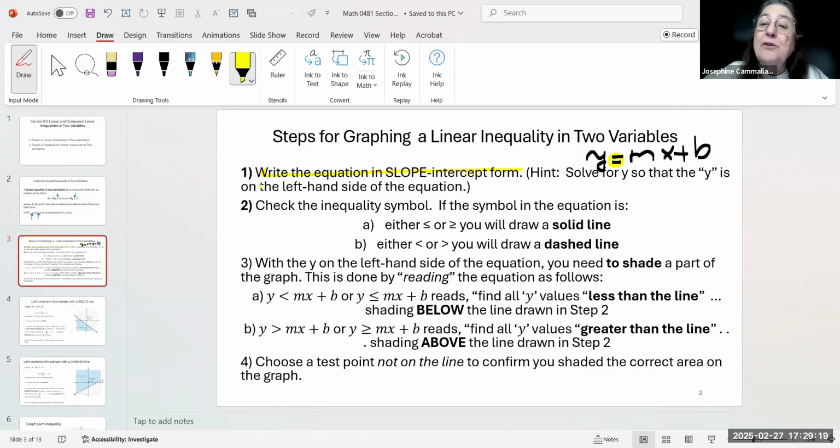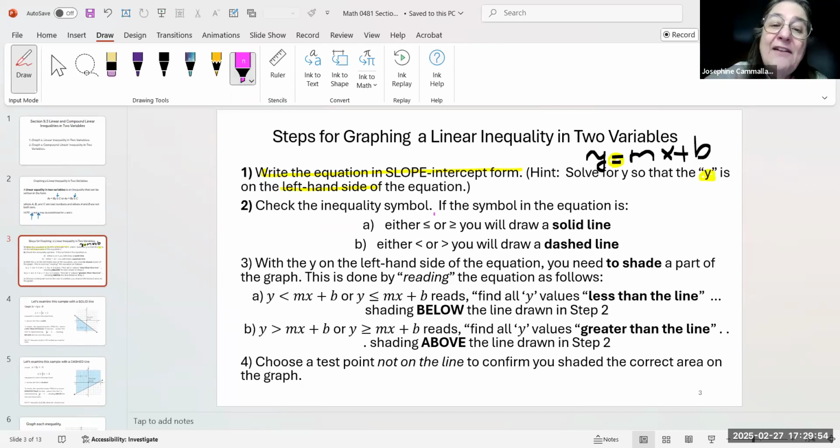But the curious part is the y has to be on the left-hand side of the equation, because that is going to help us translate what it means when we are shading. Now, once you've done that, and you've gotten one equation or all of the equations in slope-intercept form, you then want to look at the symbols.